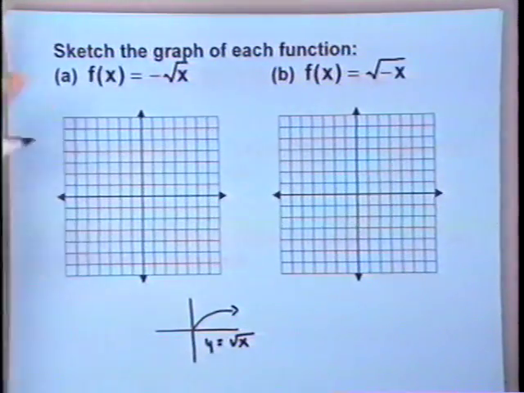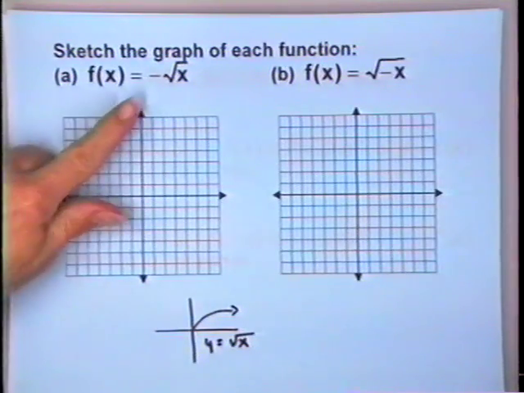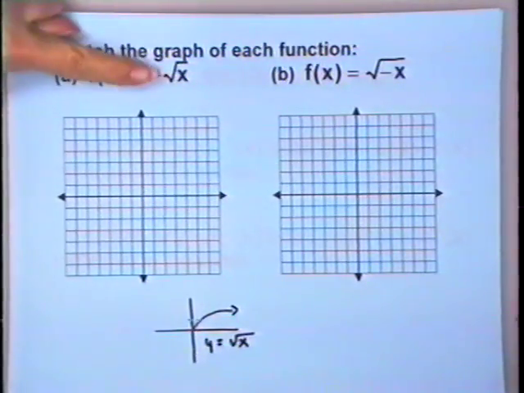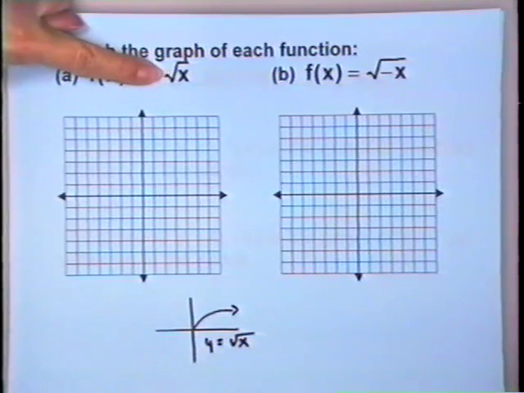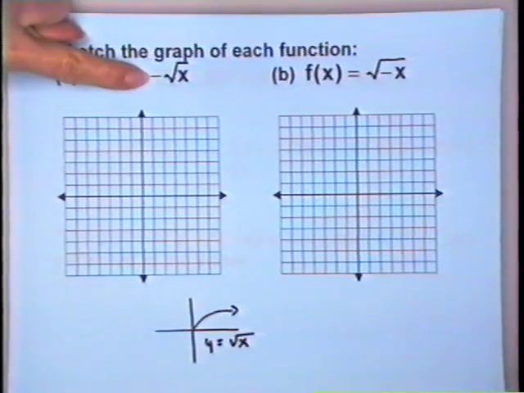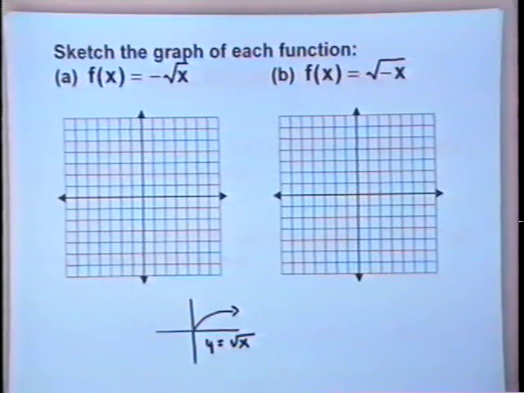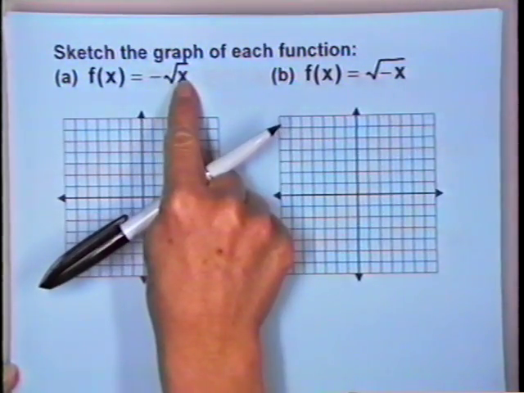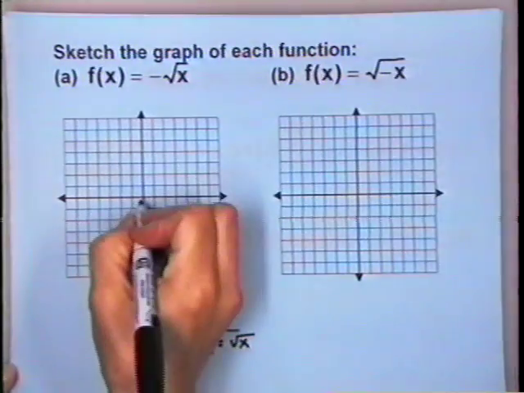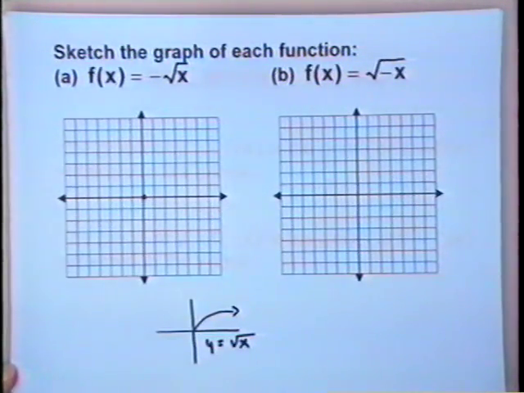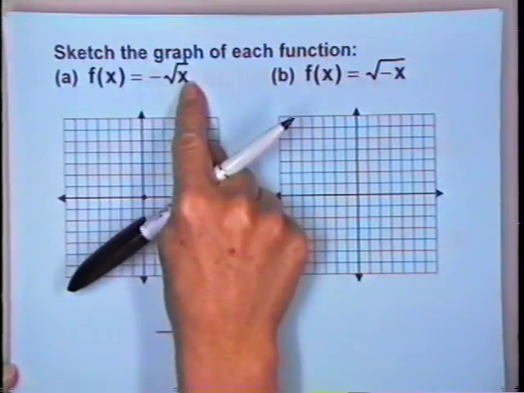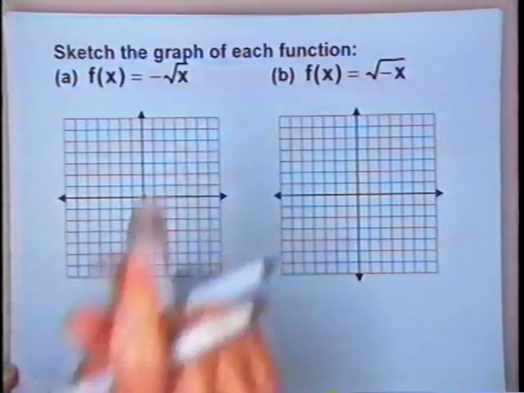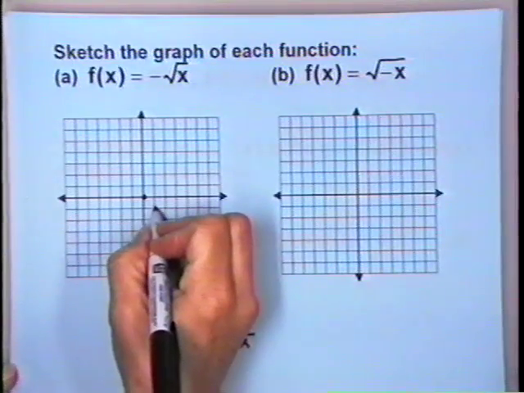Now, I want us to look at this equation and think about what's going to occur because of that negative sign in our equation right here. Notice we're going to perform the square root first, and then we're going to apply the negative. So what does that tell me about my y value answers? My y values are going to be negative, aren't they? Notice if x is 0, the square root of 0 is 0, and minus 0 is still 0, so we still have our point at the origin. But whenever x is 1, we're looking for the negative square root of 1, which would be negative 1.